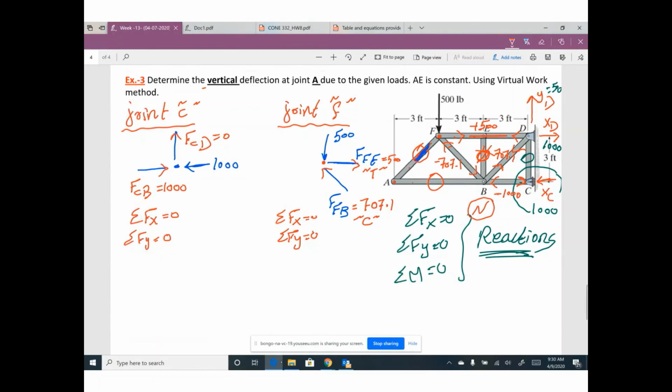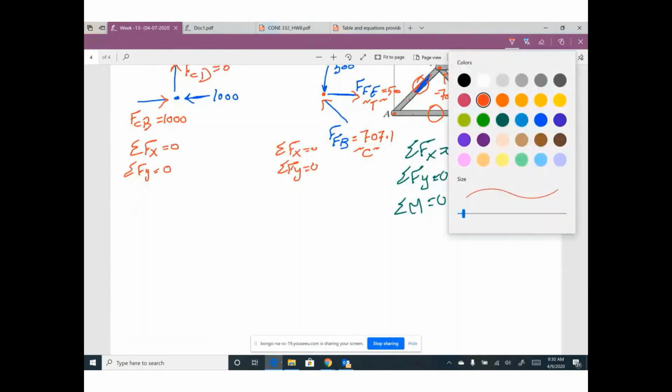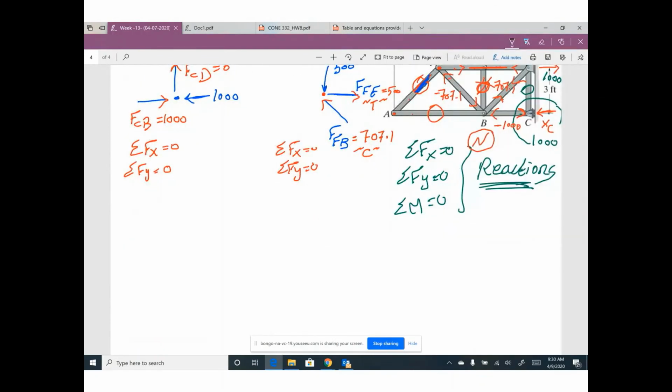Next step, go ahead and remove everything from the truss. We have a hinge here and a roller.